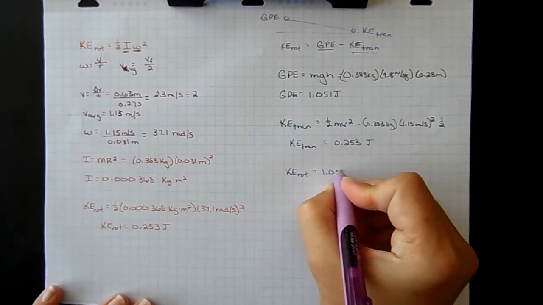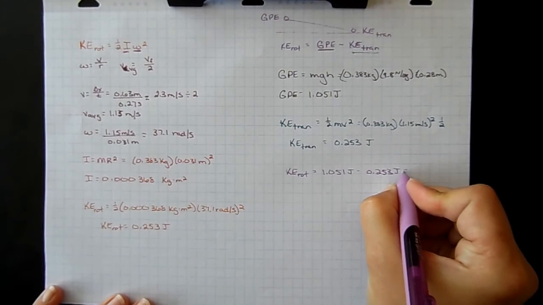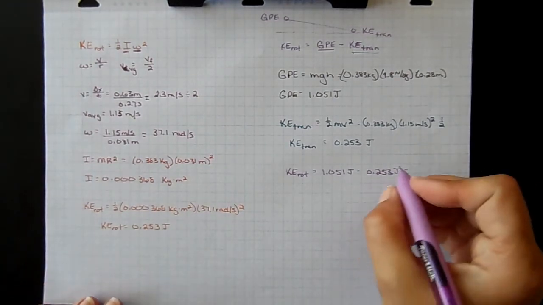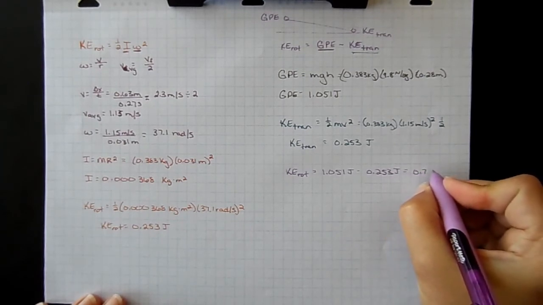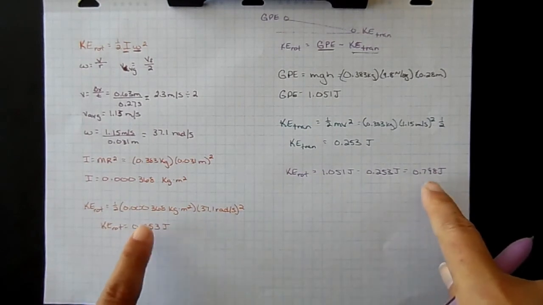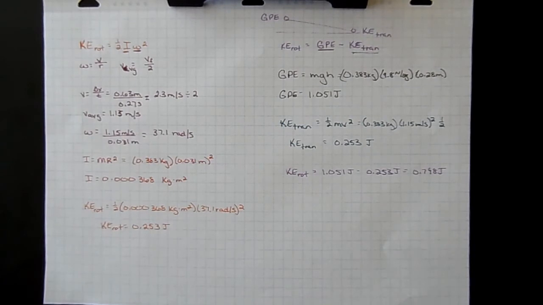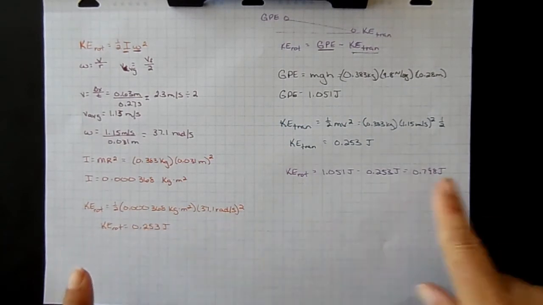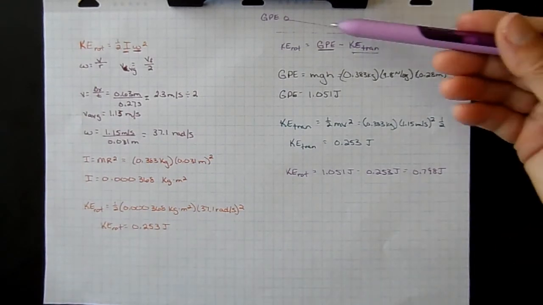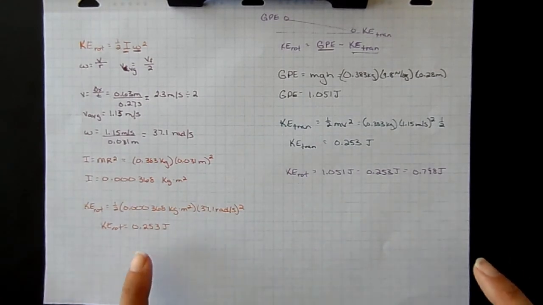So 1.051 minus 0.253 is going to give us 0.798 joules. Obviously these two things are not the same. Again, I did not measure, so use your own data. But you're probably not going to get exactly the same, because in the real world there's a little bit of friction up here, and you're losing some of that. There are different reasons why you might have different answers.